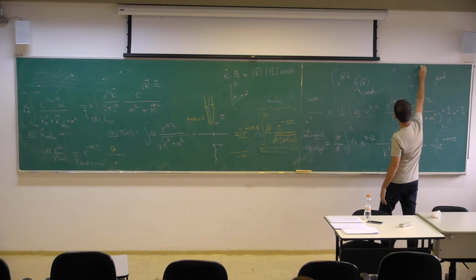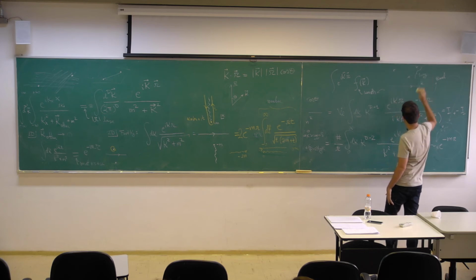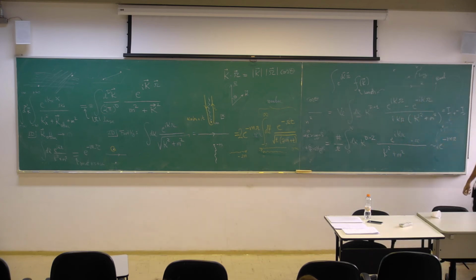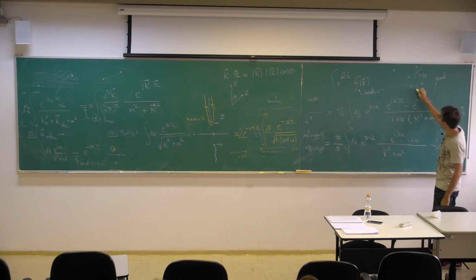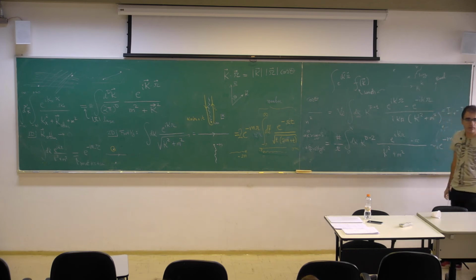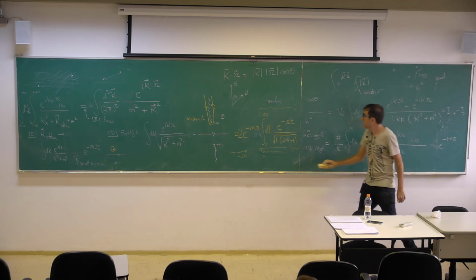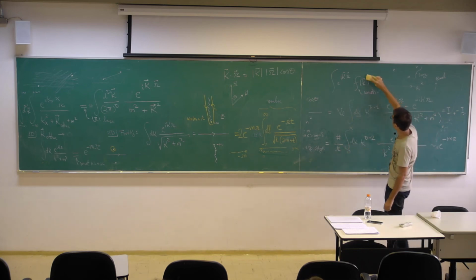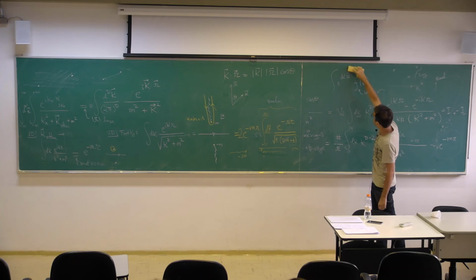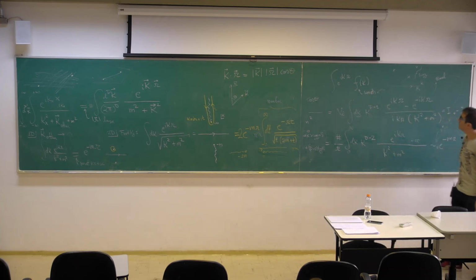So these are singularities, and this is the real line. The claim is always like this. Let's do just a single variable, dk, but the generalization is trivial. Okay? So this is what we have.